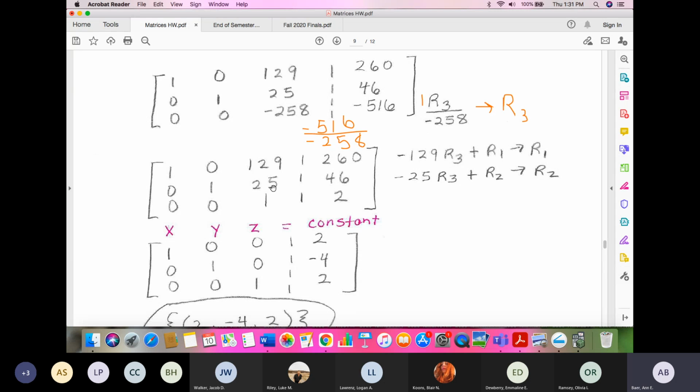So let's do this one. We want a 0 here, so we take the opposite of the number, negative 25, times the row with a 1 in it, which is row 3. And then add it to the row where we want the 0, which is right here in row 2.